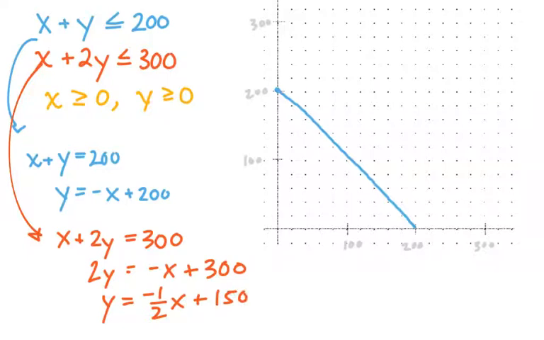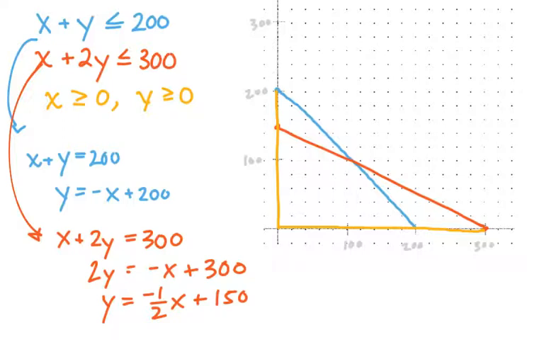So that means my y-intercept is at 150 right here, and we'll go down 1 over 2, which takes us to 300. So my lines look like this. I've got these boundaries, which I removed, but I'll put back in, from x being greater than or equal to 0 and y being greater than or equal to 0.